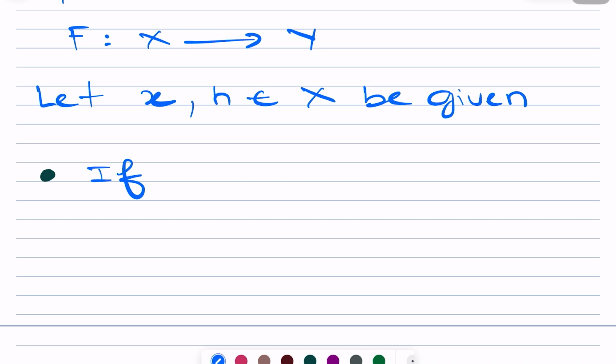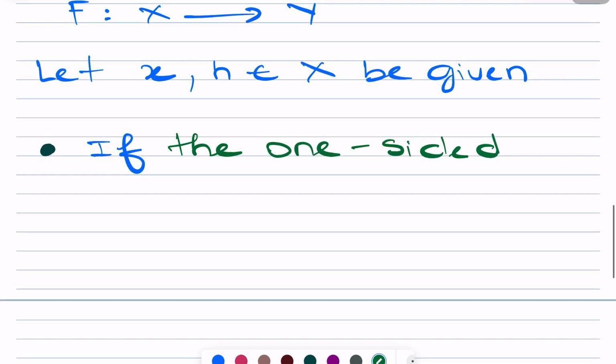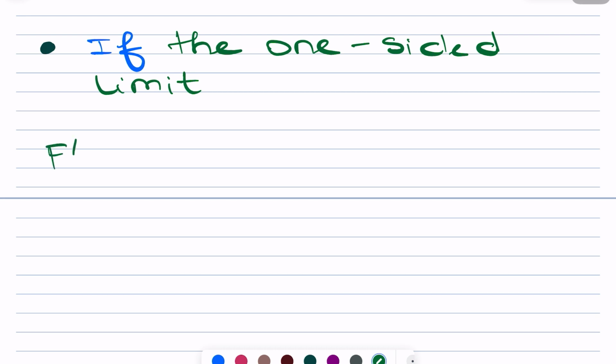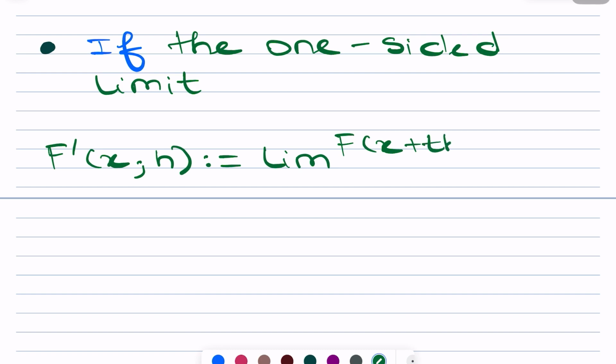If the one-sided limit, say I call it f prime of x comma h, which is defined as being the limit of f of x plus th, minus f of x, divided by t.